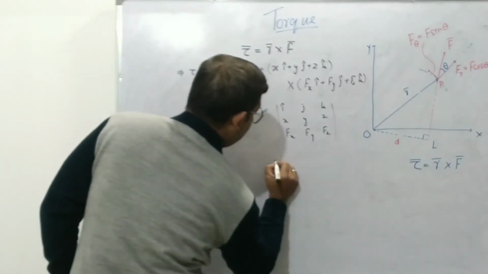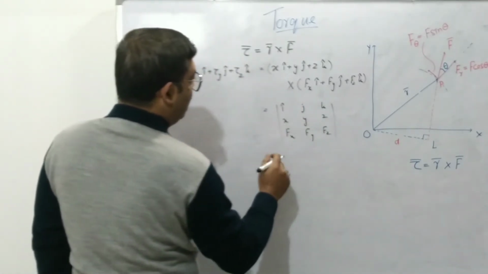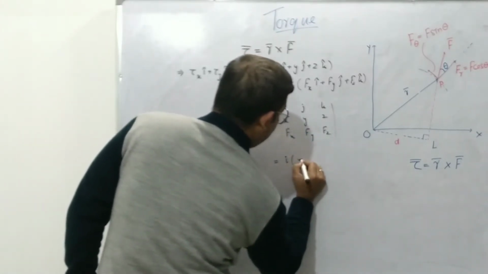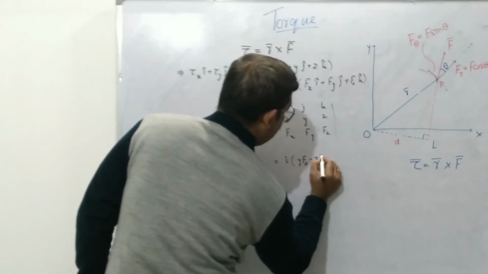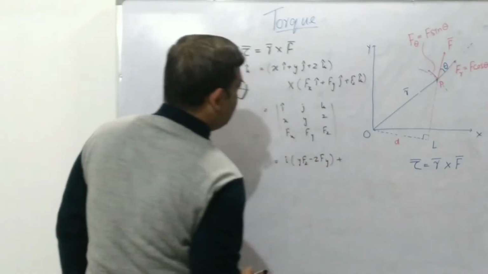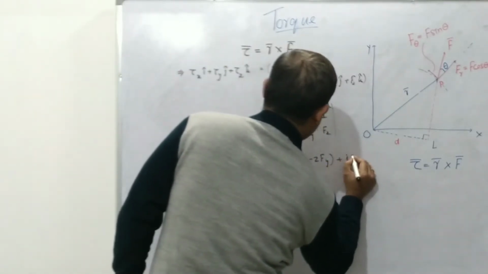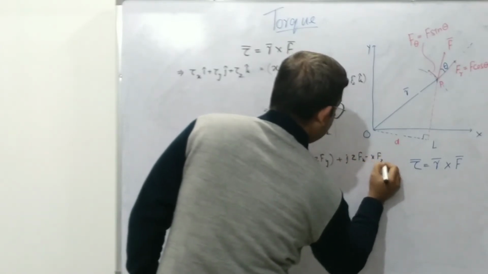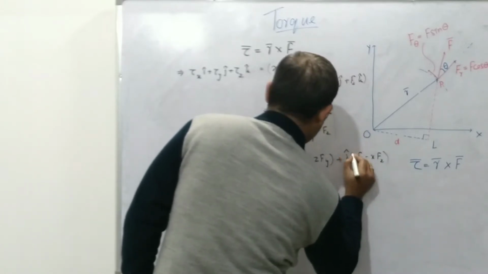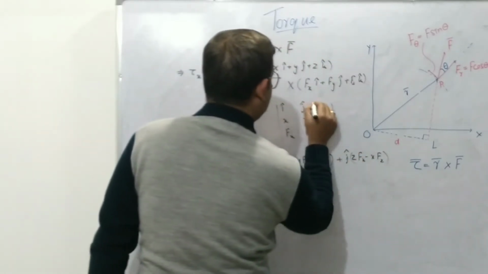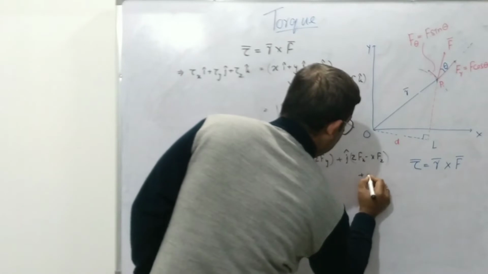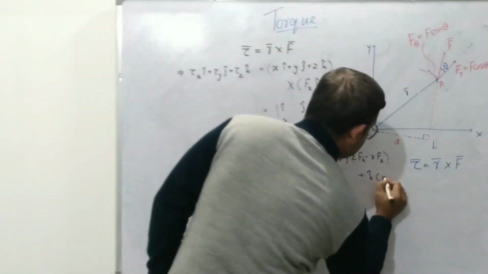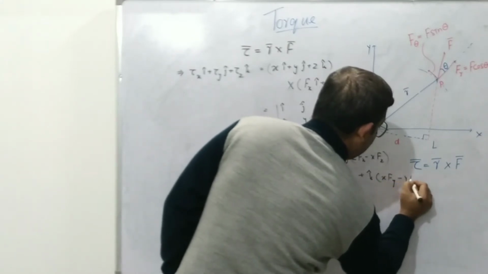So the components will be: with i cap, it will be y Fz minus z Fy, plus with j cap it will be z Fx minus x Fz, and with k cap, it will be x Fy minus y Fx.